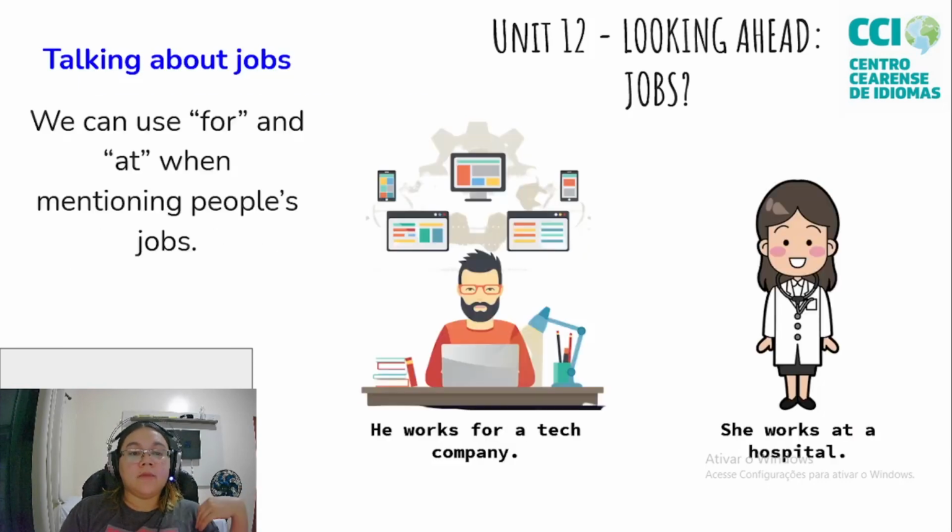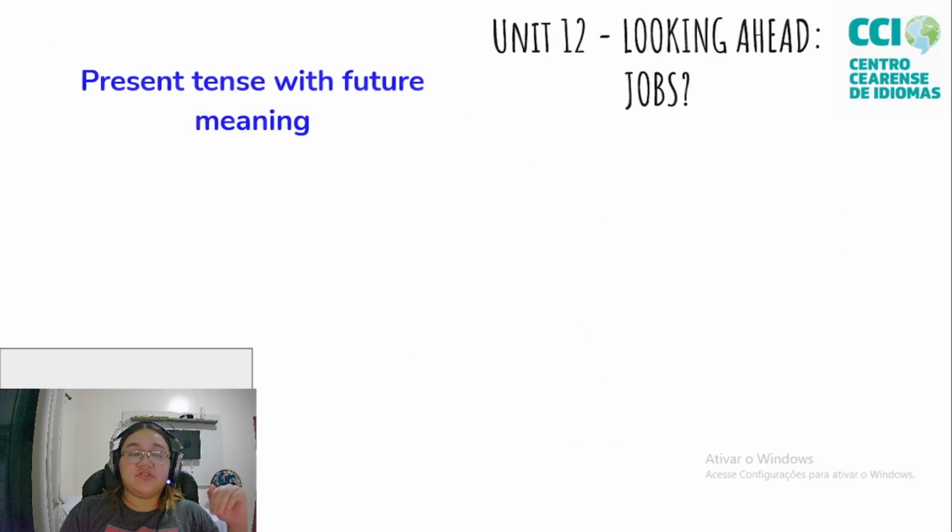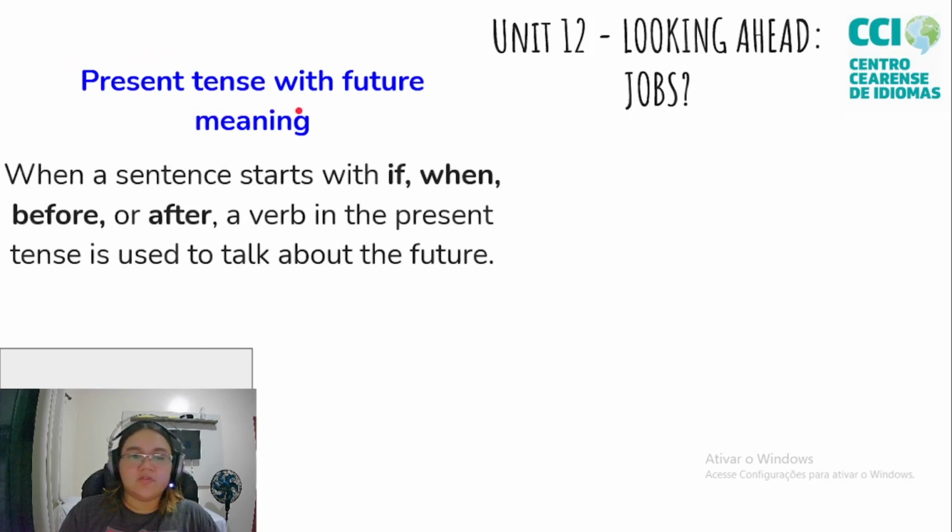Now going back to future, we can also talk about the future using present tense verbs. How do we do that? If the sentence starts with a time clause, what are time clauses? We have if, when, before, or after.